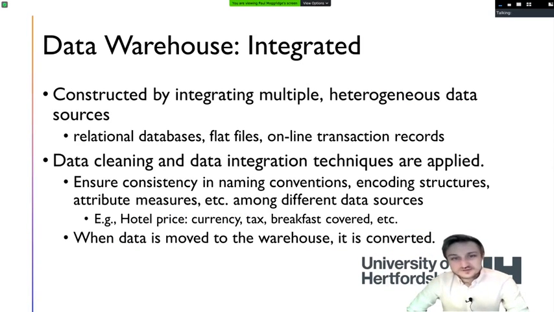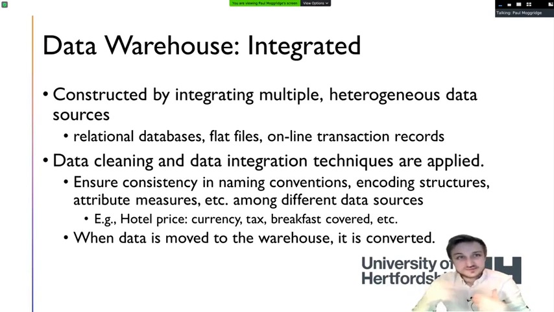A data warehouse is integrated. This means that it contains multiple different data sources. As we discussed, this could be unstructured and structured data, most likely relational databases, and the data sources are all combined together into a consistent format to avoid differences in naming conventions, or whether columns are split or in one column.